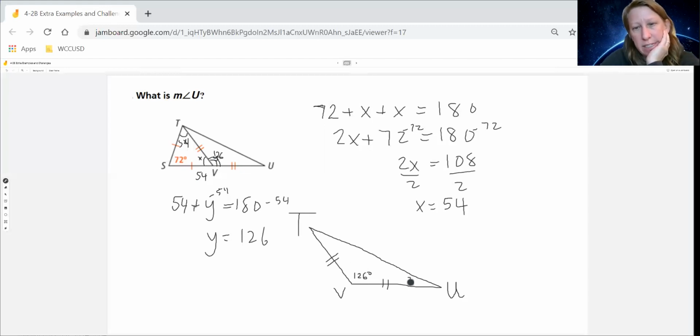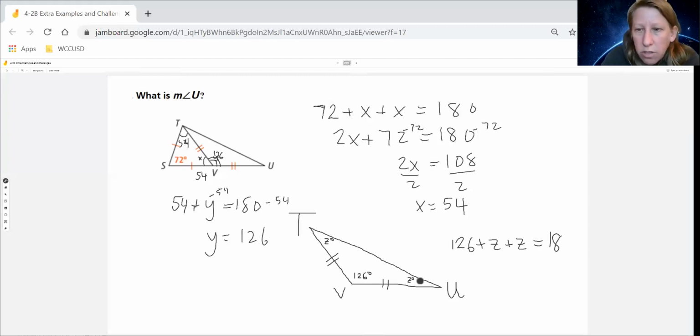I'm going to call these Z, just for the heck of it, because I already used X and Y. Now it's going to be kind of like this one. So we have 126 plus Z plus Z. How did I know those were the same? Because these had the same marks and the angles across from them are the same.